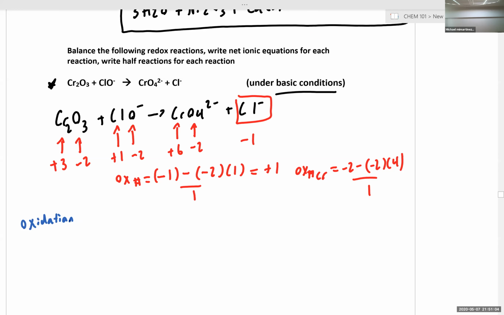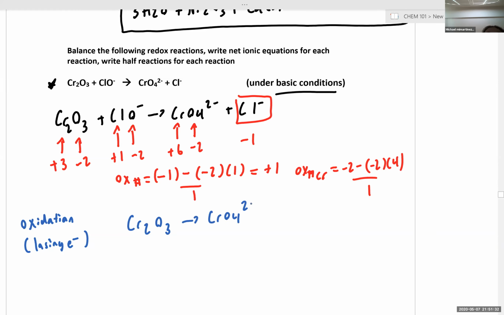Okay, let's look at our oxidation half reaction. So for our oxidation half reaction, we are losing electrons. Our oxidation number is going up. What species, what atom is being oxidized in this case? Chromium, exactly right.